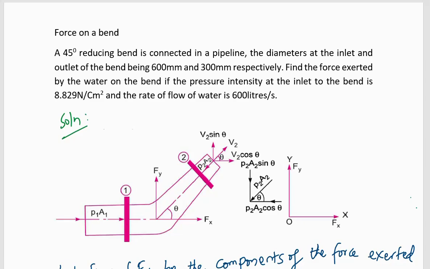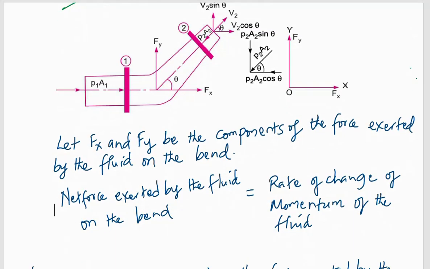Let us therefore assume that that force has a component in the x direction and a component in the y direction. So if it has a component in the x direction and the y direction, we will find that the net force exerted by the fluid on the bend is equal to the rate of change of momentum of the fluid, because we have forces that are in play here.